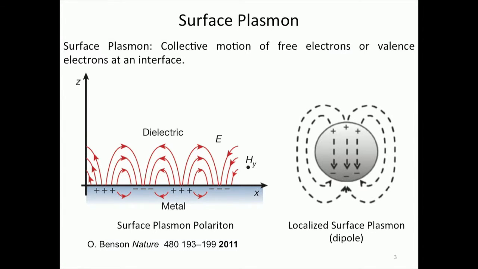Another kind of plasmon is a localized surface plasmon, here on the right. In here we have a dipole induced by light or electrons. These don't propagate, they stay and keep oscillating in particles. These are the most common surface plasmons in condensed matter.